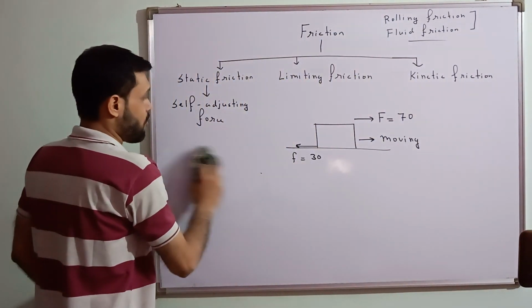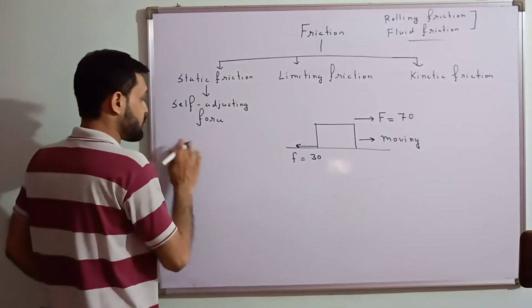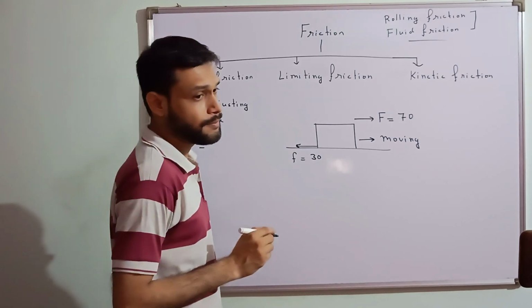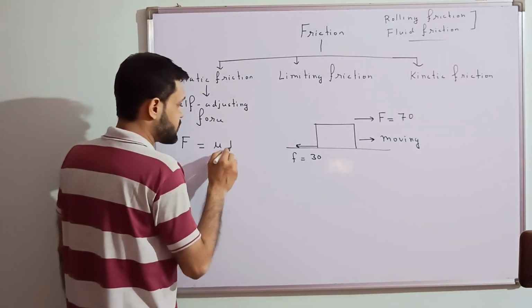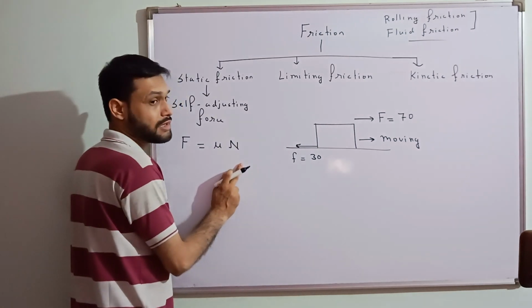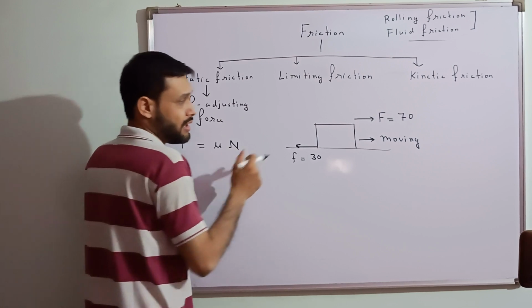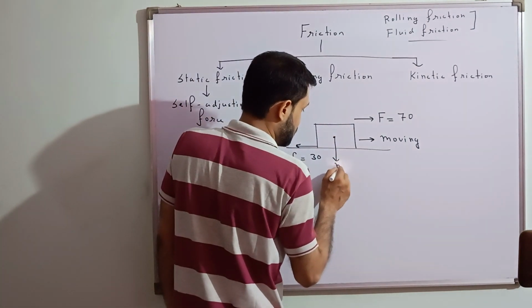So now, how will you find the value of friction force? What is the formula for finding the friction force? Friction force is mu times normal reaction, isn't it? Let's say the object is here, its mass is m, mg downward.